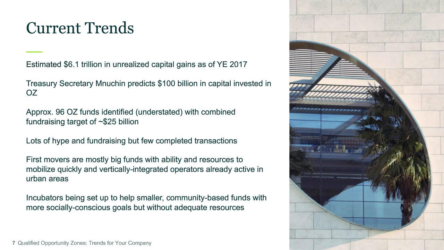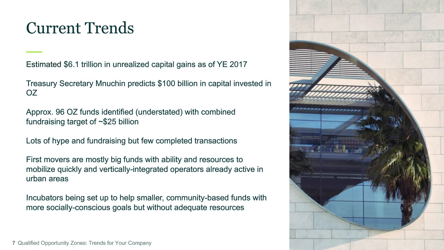Theoretically, some of that could go into opportunity zones. Our Treasury Secretary has predicted that about $100 billion will, in fact, end up in opportunity zones, whether through real estate investments or operating business investments.